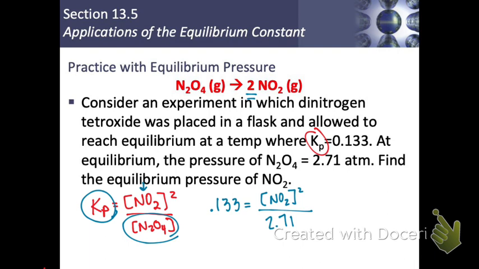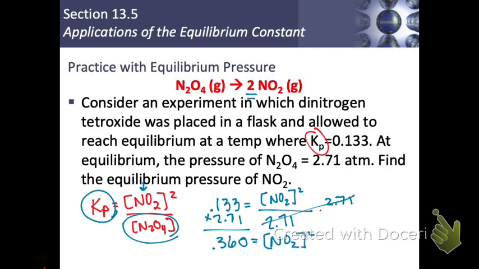What's the algebra I'm going to do to get that by itself? I need to get this out of here first, so I'm going to multiply by 2.71 first. And I get about 0.360 equals the pressure of NO2 squared.